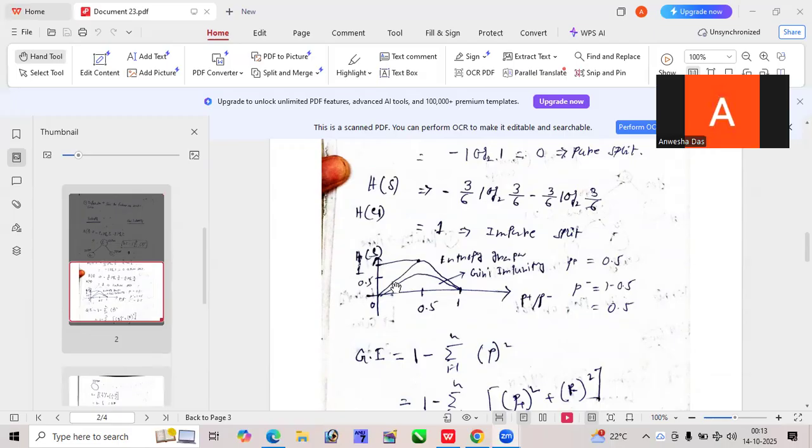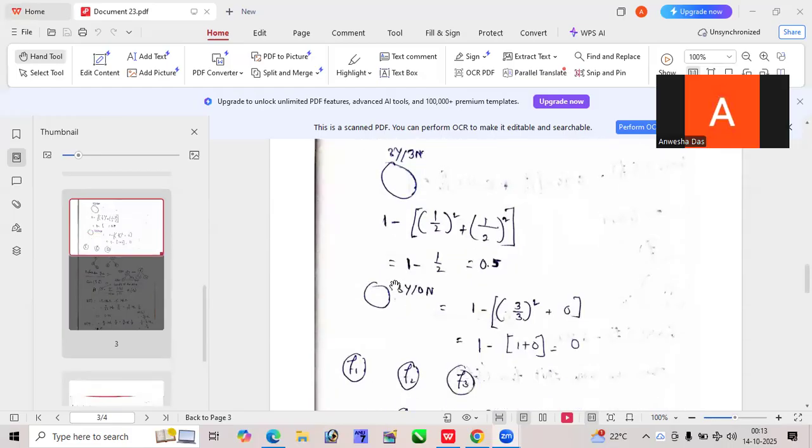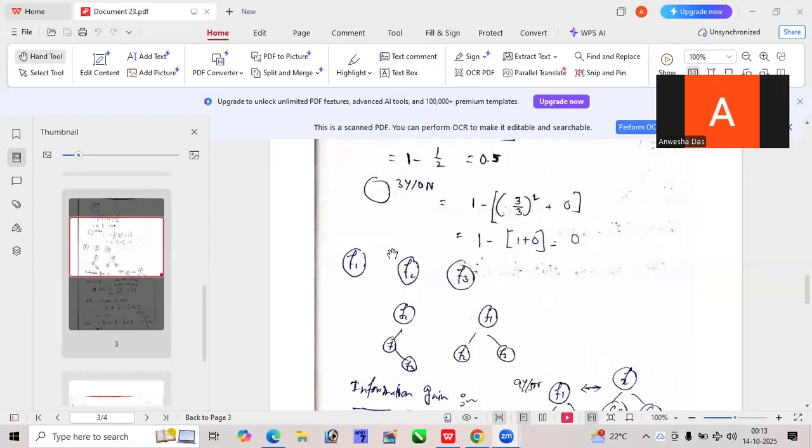And according to the entropy, the minimum value is 0 and the maximum value is 1. Okay. Now, here we have already discussed whether it is purely split or not.